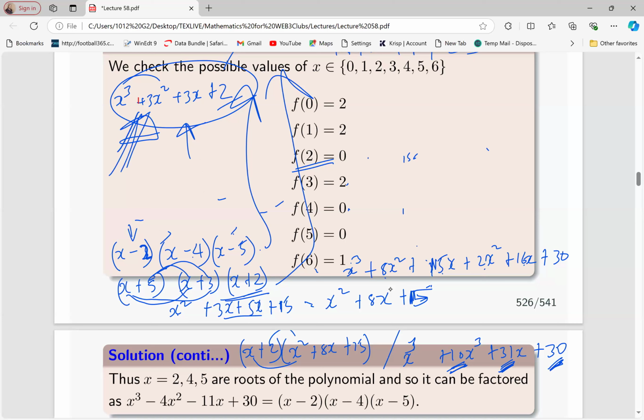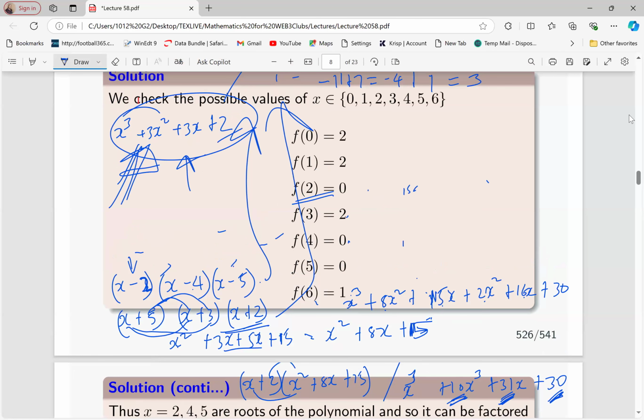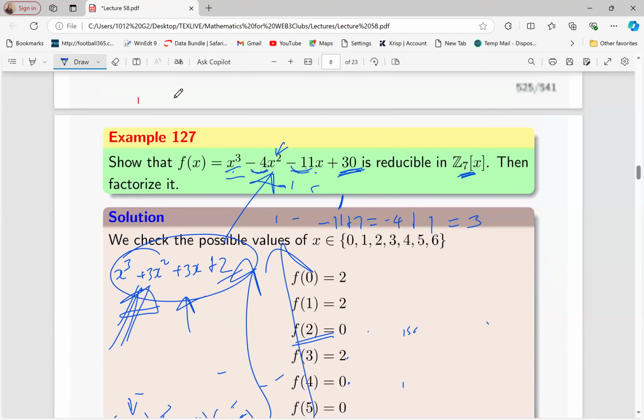So whatever the factorization, because you're dealing with mod 7 and you understand how modulus arithmetic goes, it becomes very easy and very interesting. Now we've been able to factorize this polynomial in Z7.